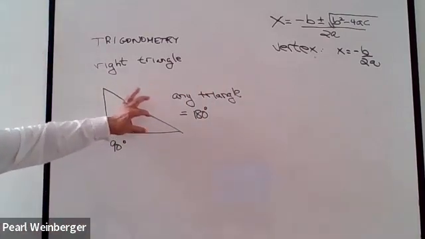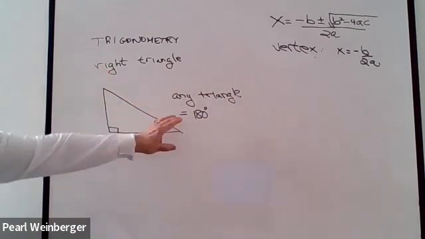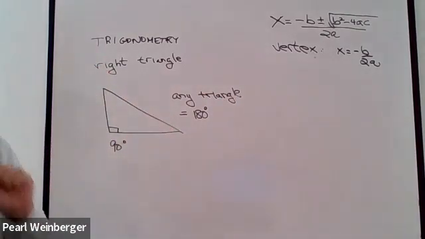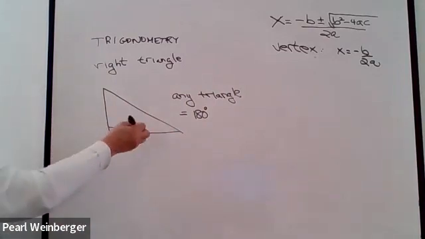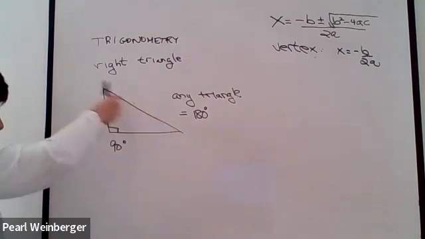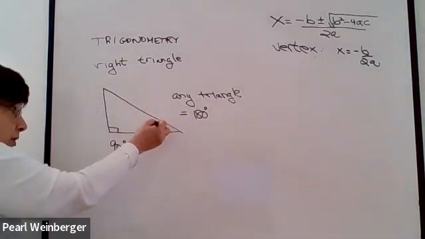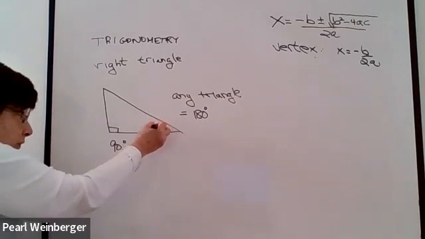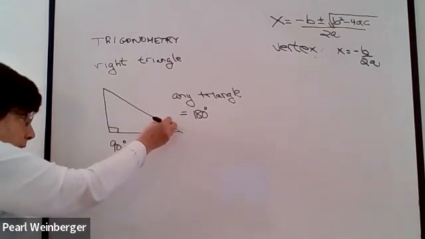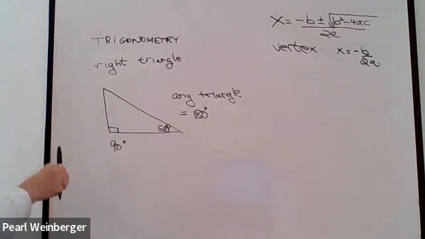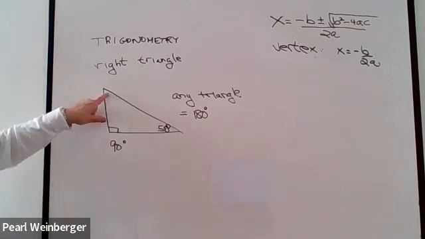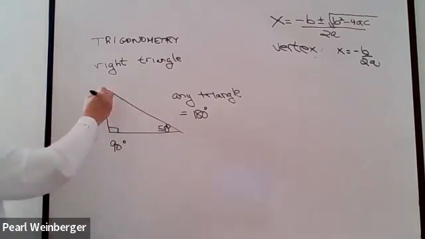It turns out the angles in any triangle don't add to 360, they add up to 180. Which means if this is a right triangle, and I told you that this angle is 50 degrees, then this one will have to be 40 degrees.